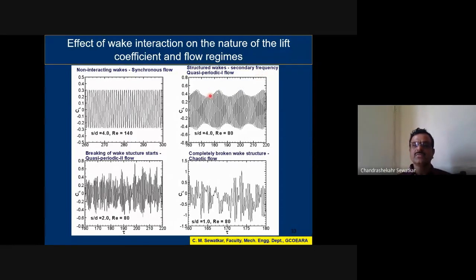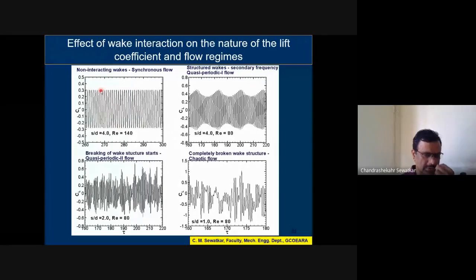And in this flow, the time period of two consecutive cycles is constant. Here, if I take two consecutive cycles of vortex shedding, small cycles are there.